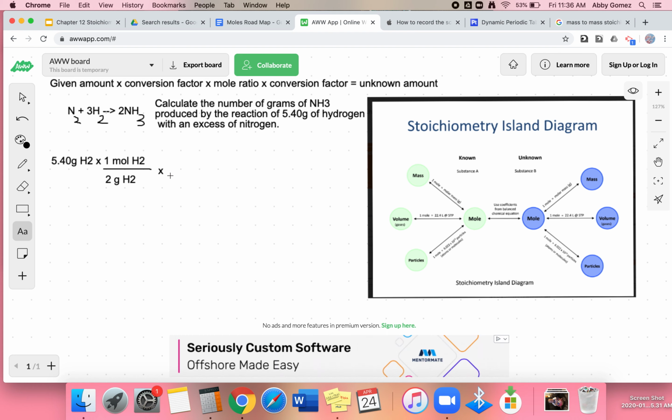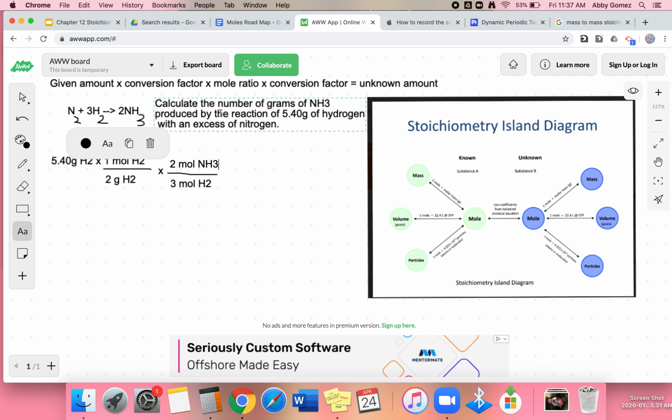So we want moles of hydrogen to be on the bottom so that that can cancel out. Our moles of hydrogen in our mole ratio is 3. 3 moles of hydrogen. On the top of that then, we're going to put in our moles of ammonia. Moles of ammonia is 2 in this balanced chemical equation. 2, that big number that's in front of our ammonia.